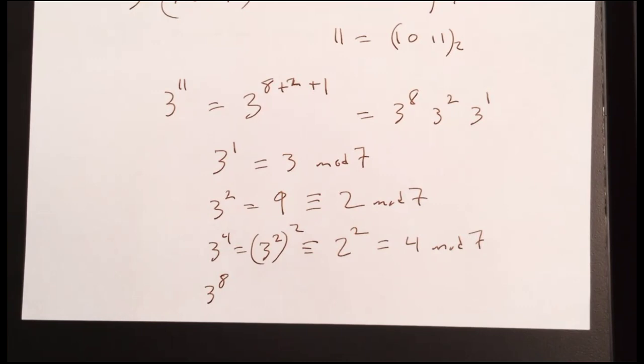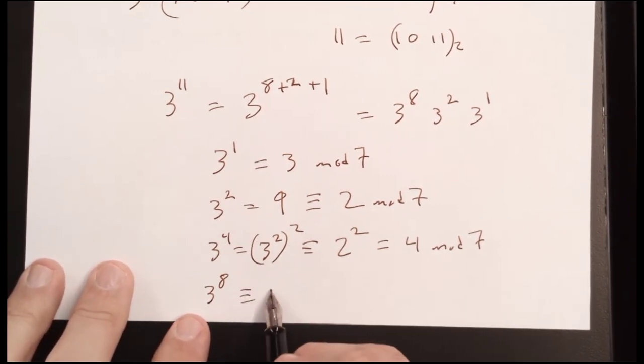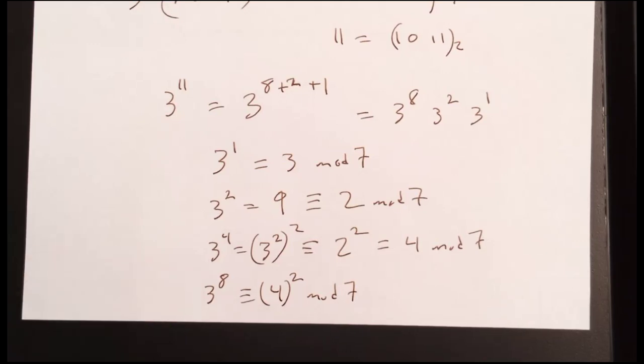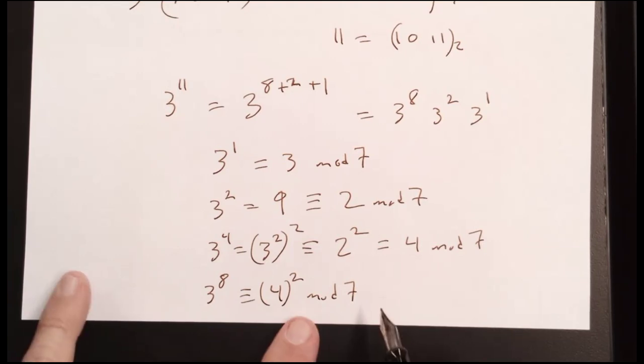But I do know that mod 7, it's the same as 4 squared. Now, I can actually do this. 4 squared is 16, which is 2 sevens with 2 left over.